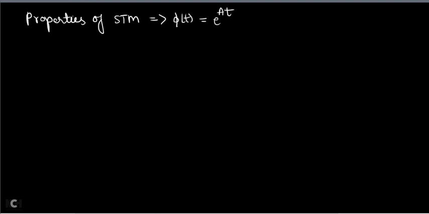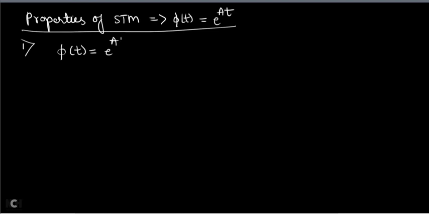So what are those properties of state transition matrix? Properties of STM. STM is nothing but phi of t in time domain, equal to e power at. So what are the properties? The first property is, for this phi of t is equal to e power at, put t is equal to 0.